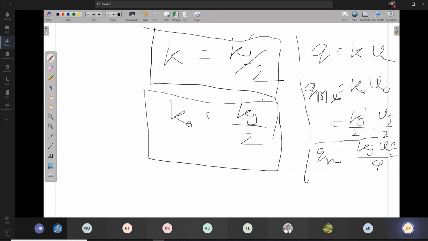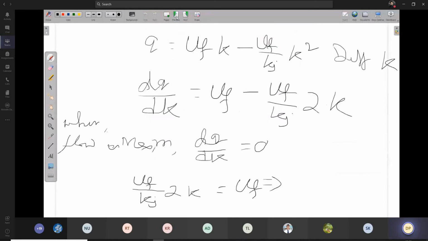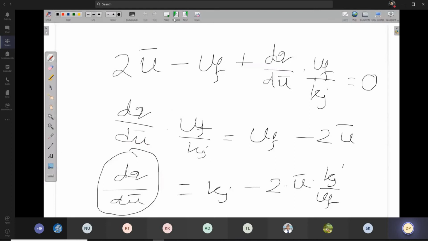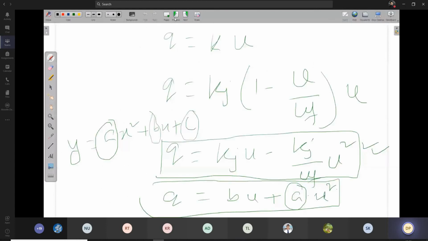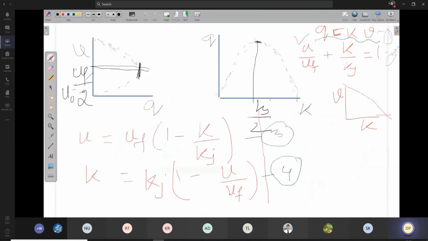So from the basic equations also we can find the maximum flow. To find the maximum flow we need to know the jam density and the free flow speed. Other information we don't need. Straightforwardly we can find the maximum flow, which is called the capacity. This is Q max.